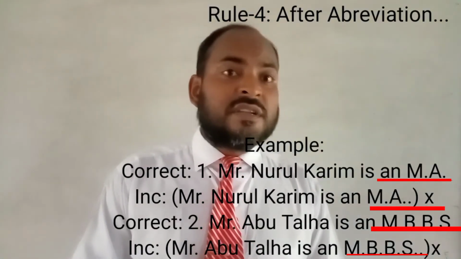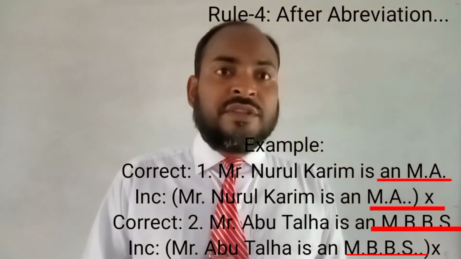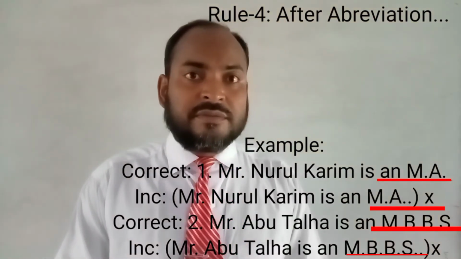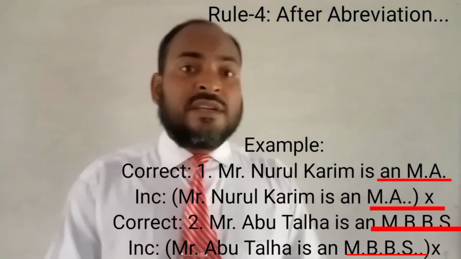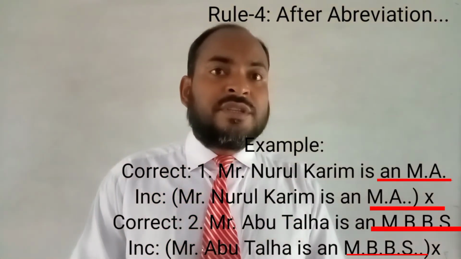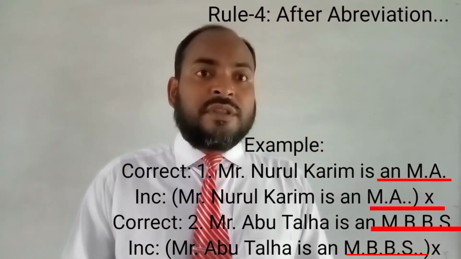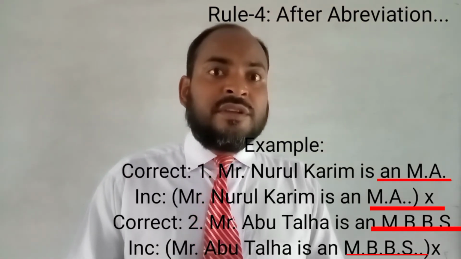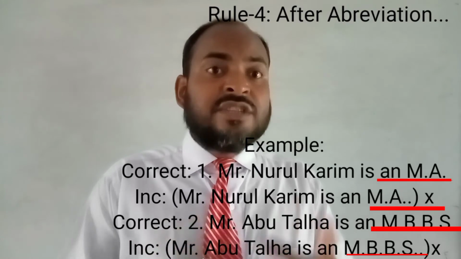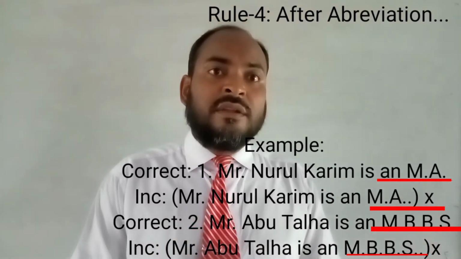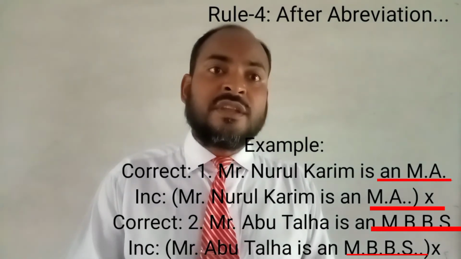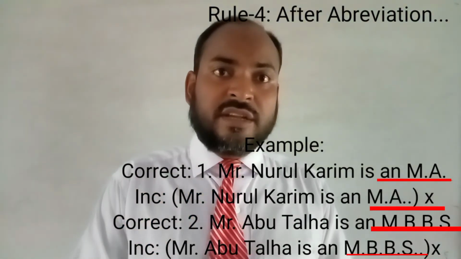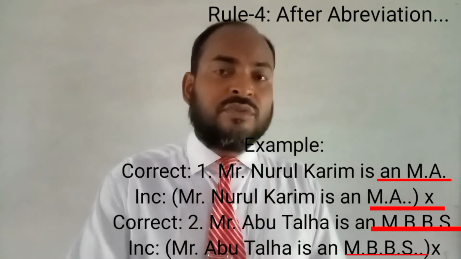But, my dear learners, in modern English, this rule is avoided. Notice, if the sentence ends with an abbreviation, then full stop after the abbreviation, but no extra full stop at the end of the sentence. Only one full stop.